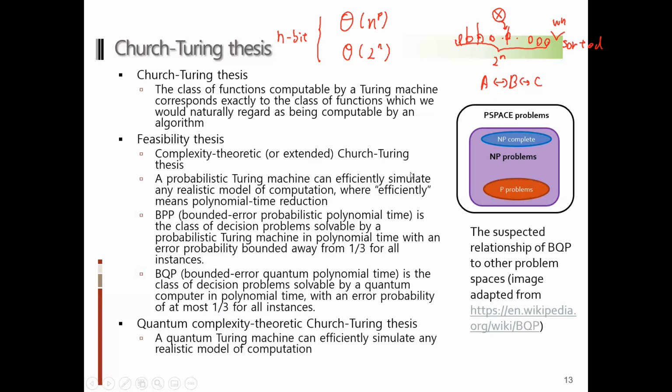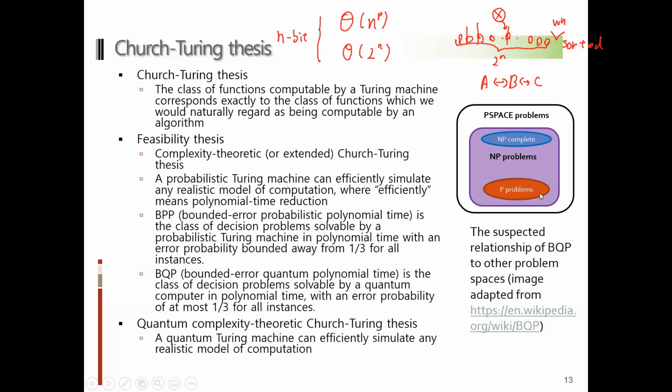The fundamental question in quantum computing is where the quantum computing class exists. One possibility is that a quantum computer might be able to solve only the P problems efficiently, meaning these problems can be solved within polynomial time.